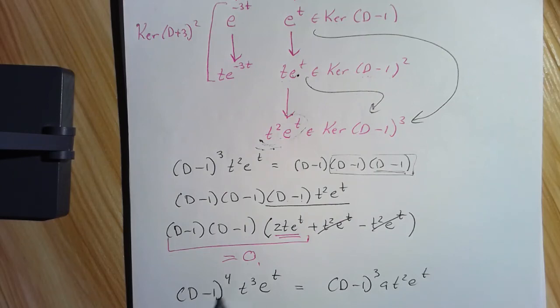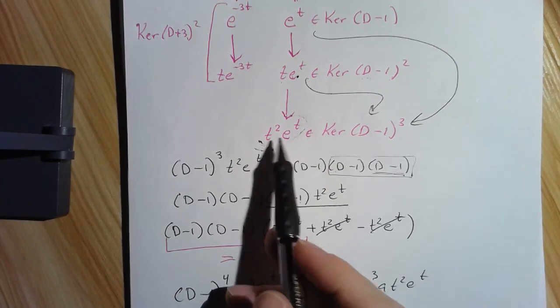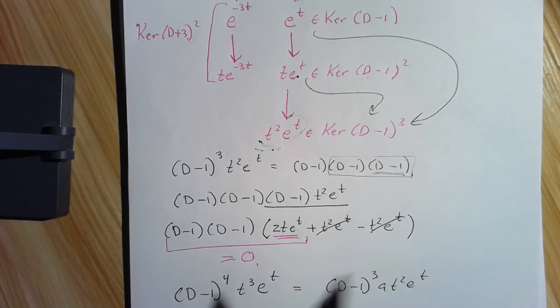That 4th factor will whittle this thing down a power, putting it into the kernel. So that's repeated roots. You're just slapping on an extra power of t as you increase in multiplicity.